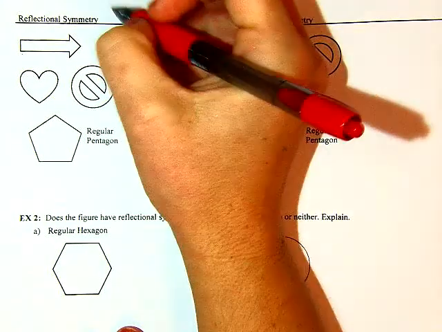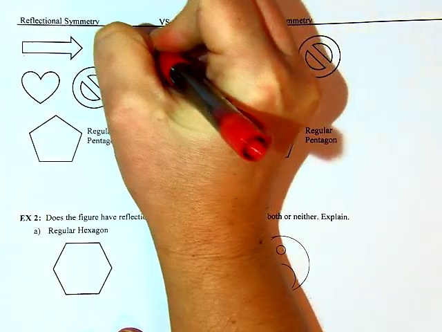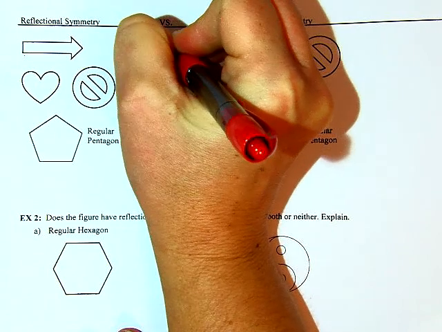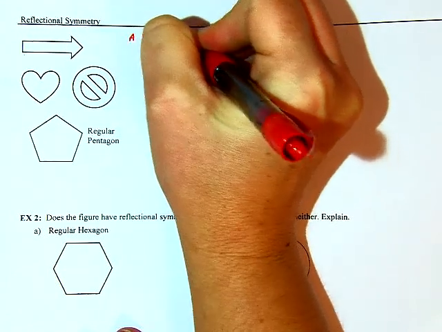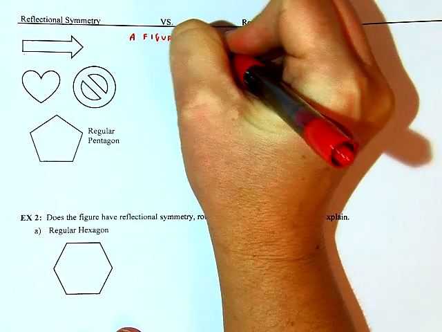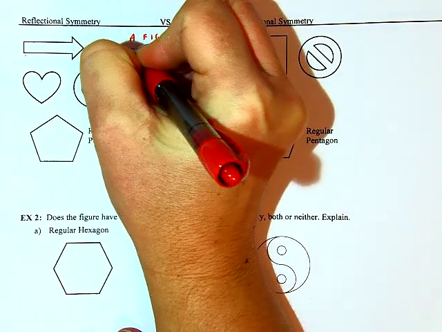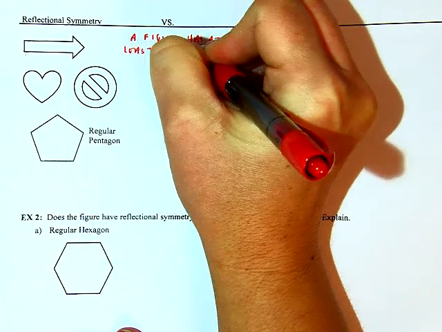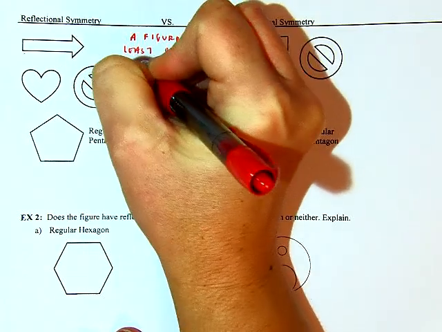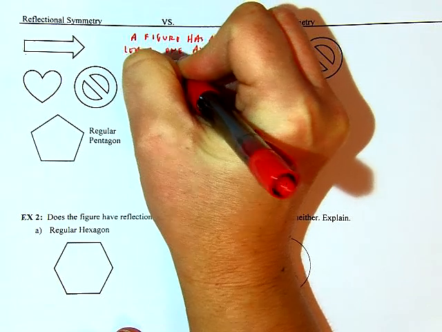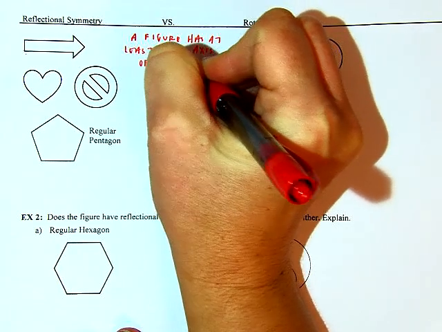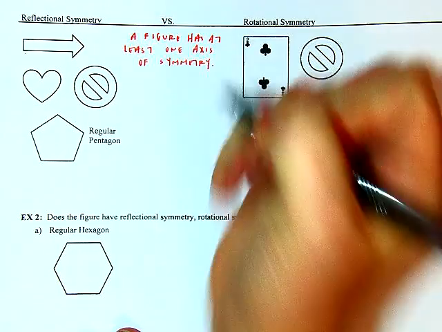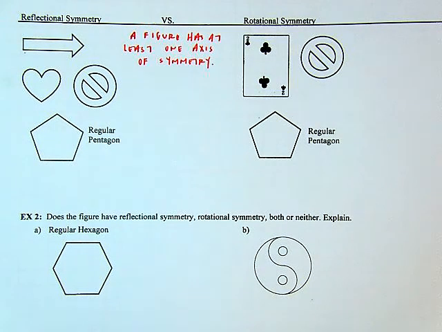So here again, let me define it. A figure has at least one axis of symmetry. I've given you a whole bunch of examples here. First, my arrow to the right.